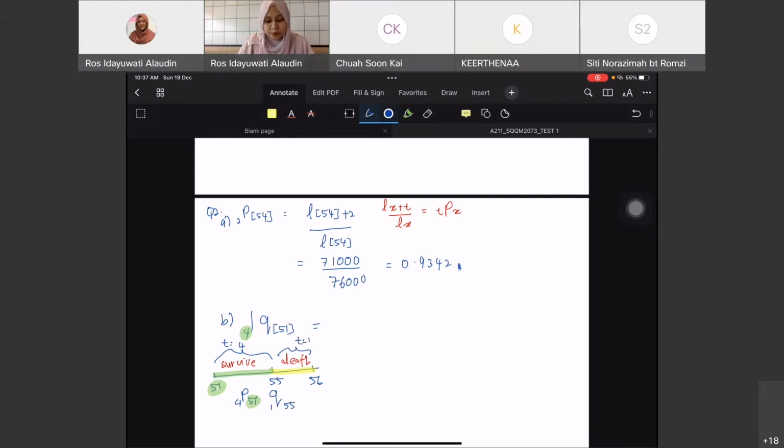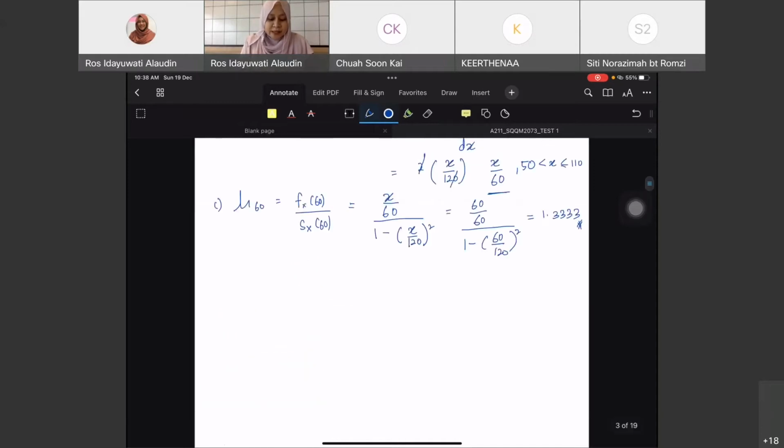Or we don't put 1. Okay, 1. So you know that it is only 1. So we are calculating the probability of death. Okay, so at 55, should you put in the bracket or not? So at 51, we should put the bracket here because it's still in the select life table.